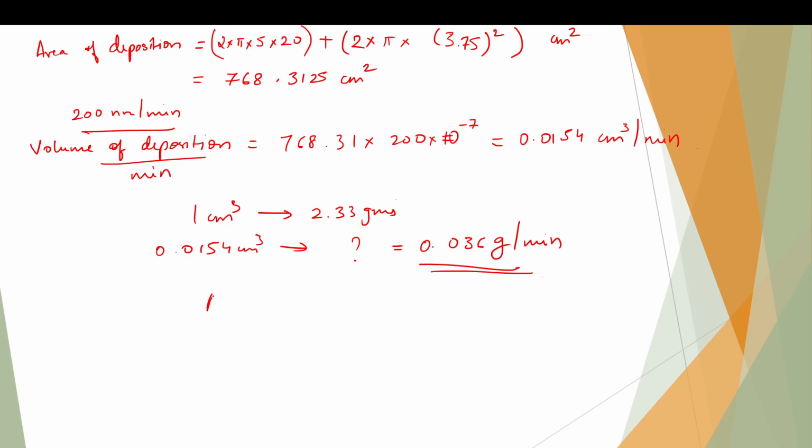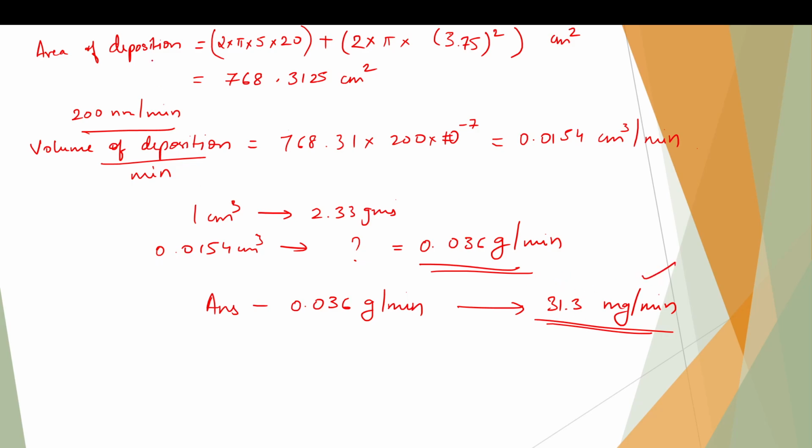So that is the answer. The closest option to this answer was 31.3 milligrams per minute, so that is the correct answer. Based on the values of the constants that we take, some decimal change might be there, but this is the answer.